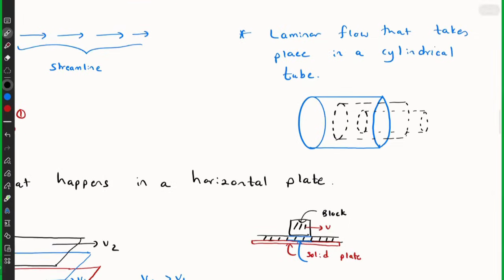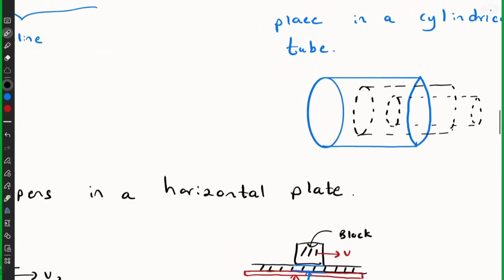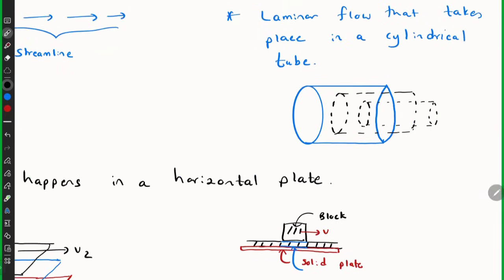Why? Because if I draw a line like that, let's say from A to B, what do I see? Yeah, I see that the velocity is maximum at the center, as Amaya said.